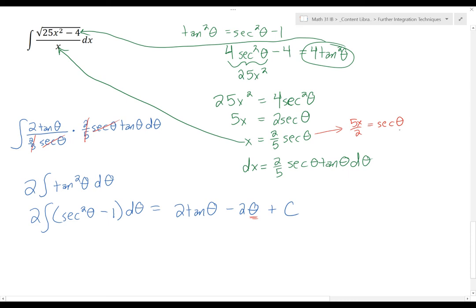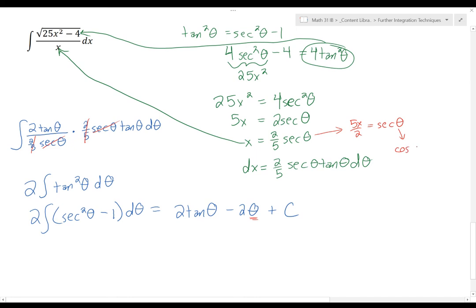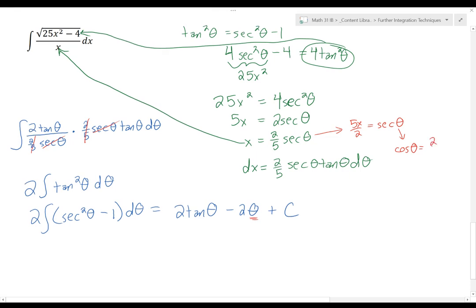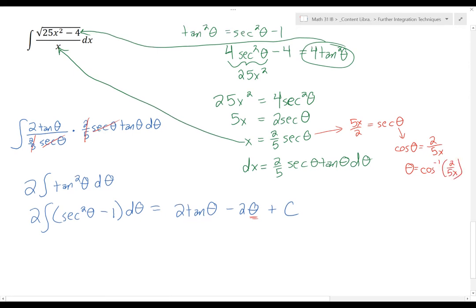I'm actually going to write this as a cosine, because I don't really want to use arcsecant. So the cosine of theta equals 2 over 5x. Theta equals the arccos of 2 over 5x. So that's the first part.